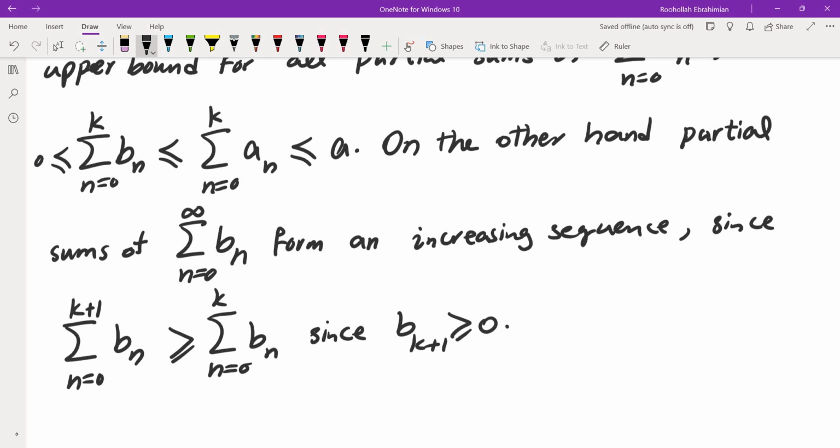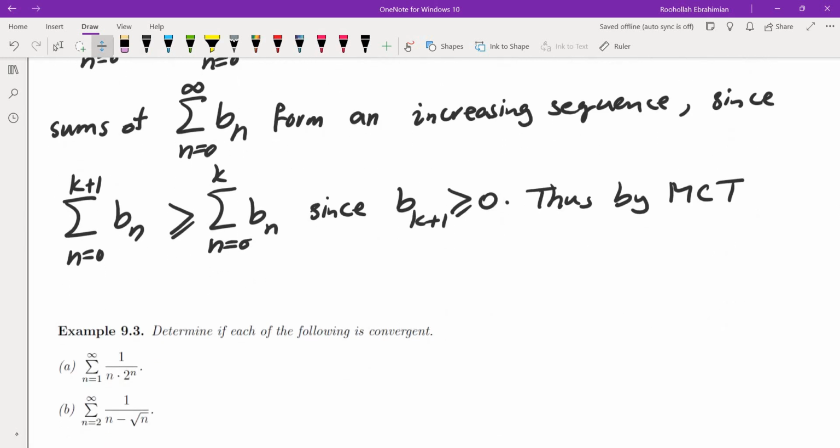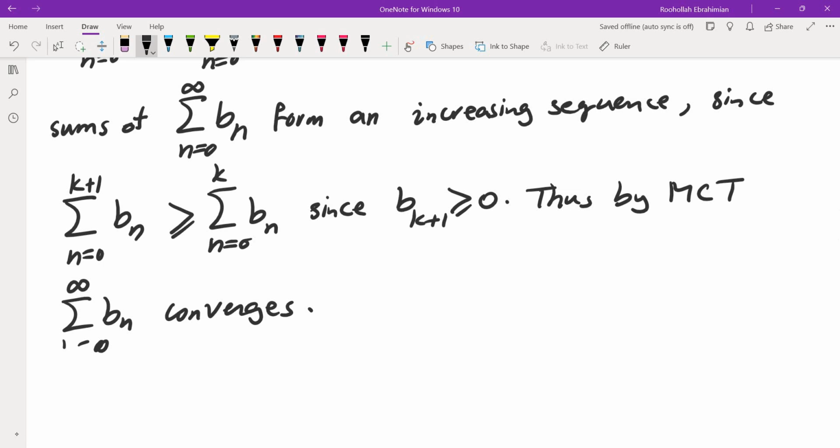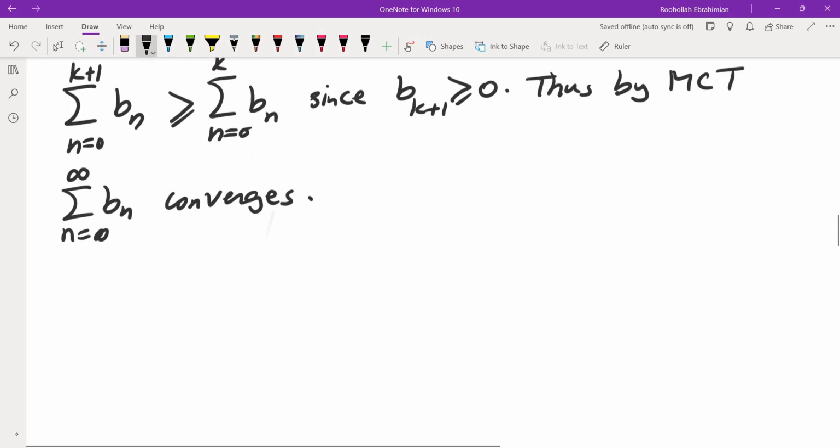So it's an increasing sequence. Thus, by the monotone convergence theorem, the sum of b_n converges. Because it's an increasing sequence and it is bounded, therefore it converges. Any increasing, bounded sequence is convergent.